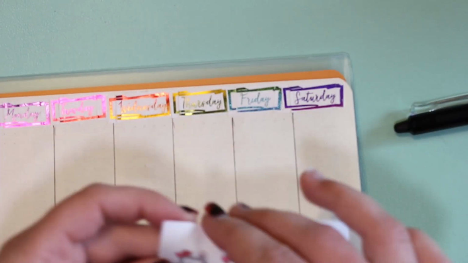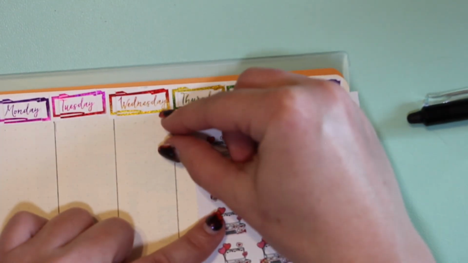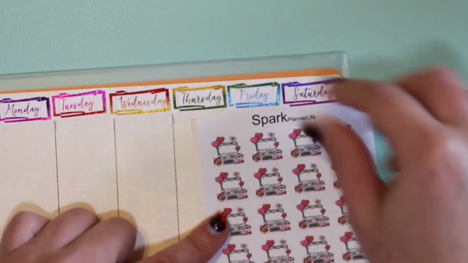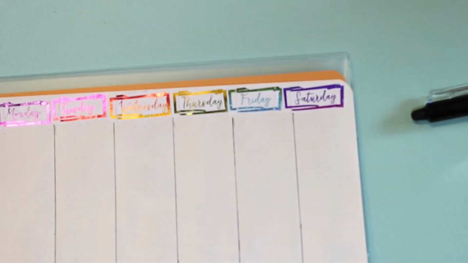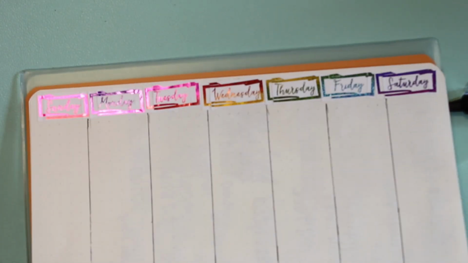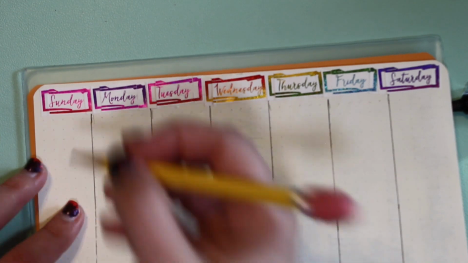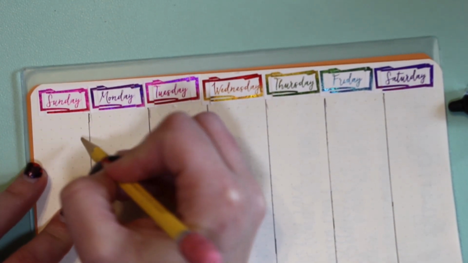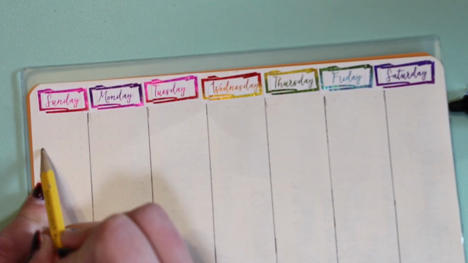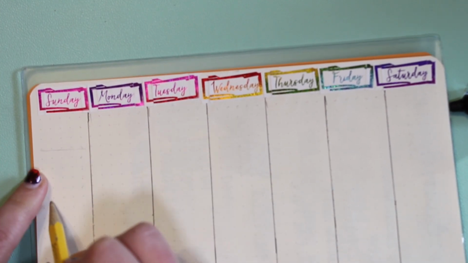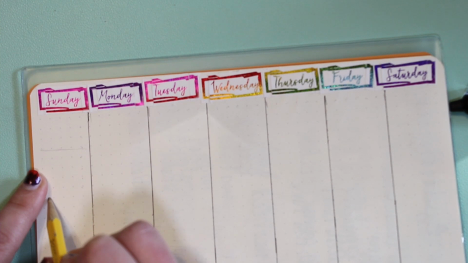I want them to be big enough that they would fit. So 1, 2, 3, 4, I think 4 wide. Where'd my pencil go? So if I did 1, 2, 3, 4. 1, 2, 3, 4.